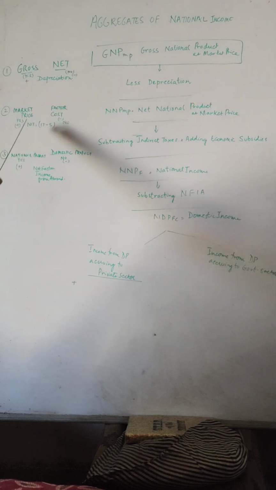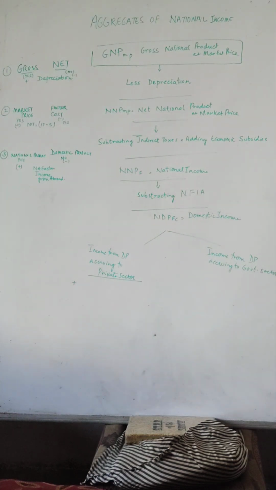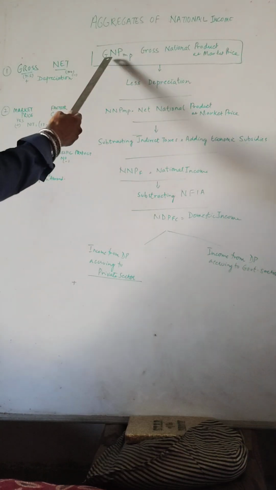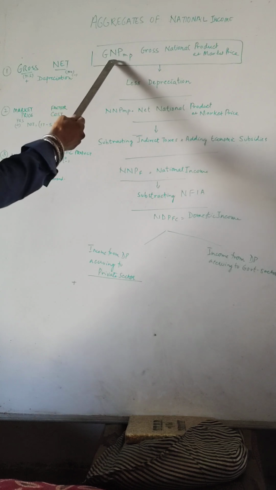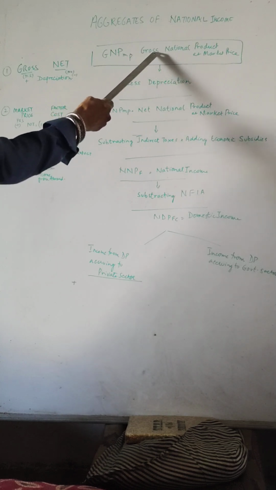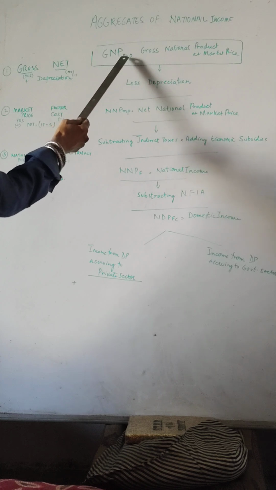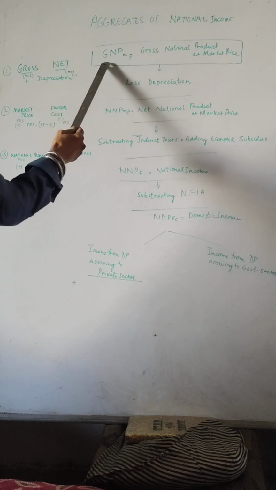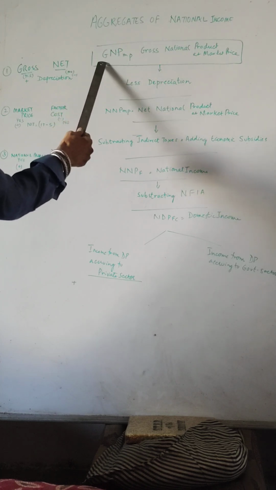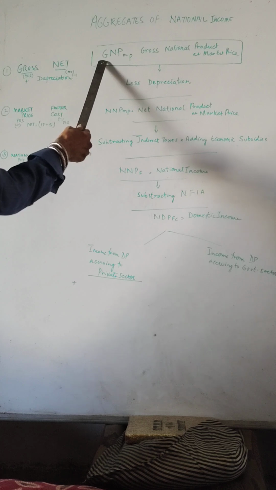Having gone through all of this, if you've understood this, then we are going to talk about the aggregates of national income. That is what we find: gross national product at market price, GNPMP. Gross, as you hear gross, you know what is in gross?